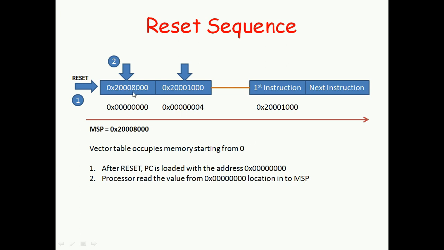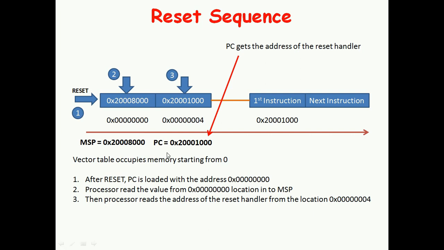So what is the address written here in this original memory address? That is this value. So this value is loaded into the main stack pointer. After that the processor reads the address of the reset handler from the location, that is this.